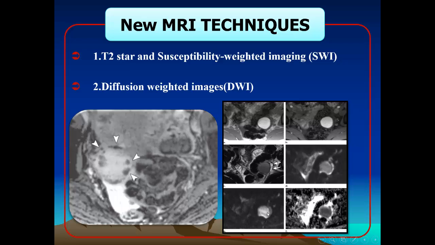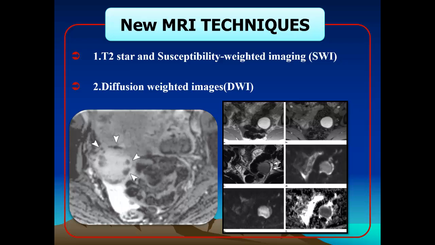What is the restriction? It has chronic blood products. So these chronic blood products make the diffusion of the water molecules restricted, like in the malignant lesions. So we will find restricted diffusion, bright in the diffusion signal and low in the ADC map, and this is specific for endometrioma. But the hemorrhagic cyst is usually an acute process that may subside and go after some time.